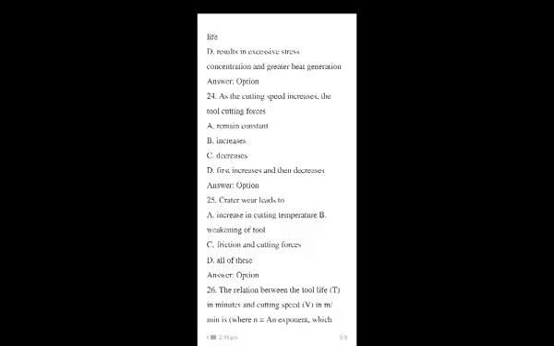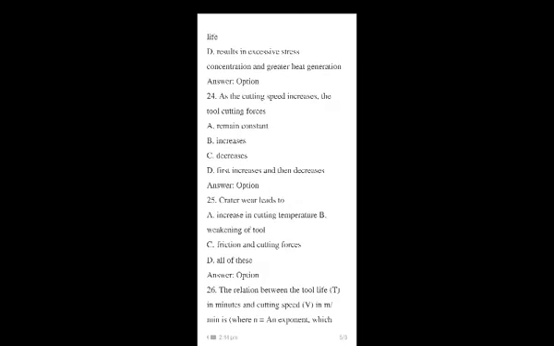As the next question, as the cutting speed increases, the cutting tool forces decrease. Next question, crater wear leads to... here D option is there, that means it leads to all the above three effects.